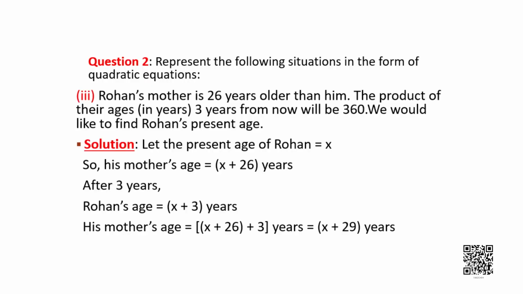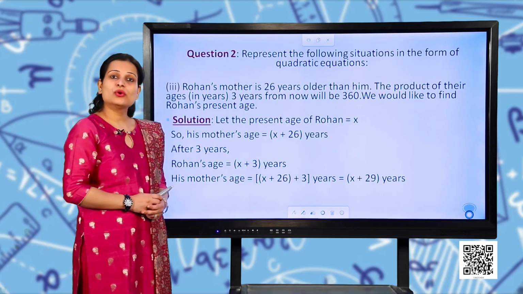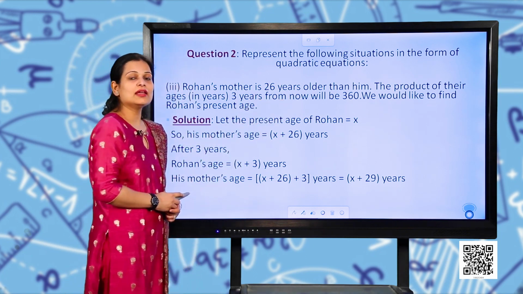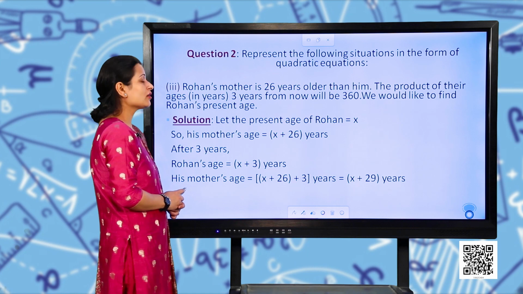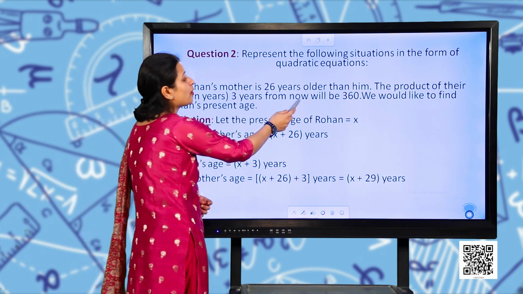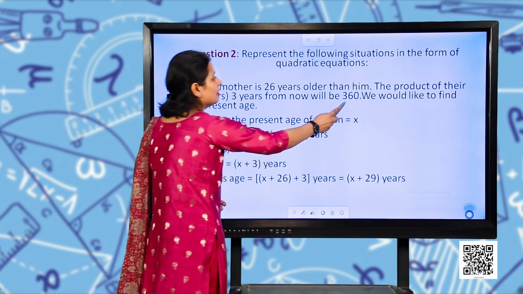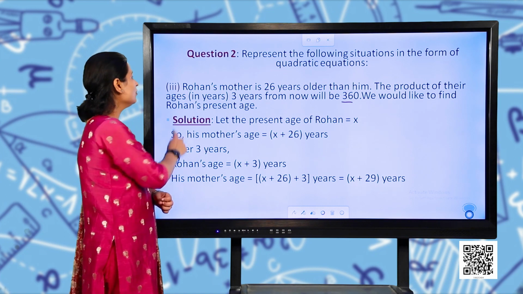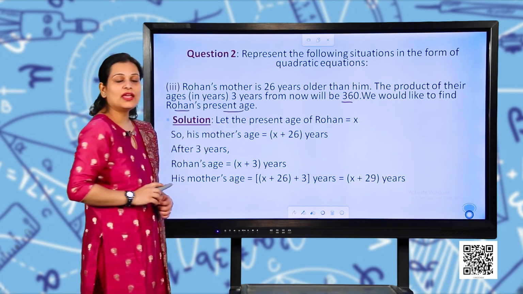represent the following situation in the form of quadratic equations. Rohan's mother is 26 years older than him. The product of their ages in years 3 years from now will be 360. We would like to find Rohan's present age.